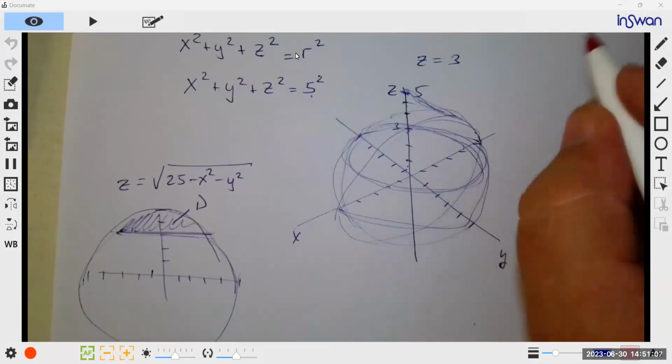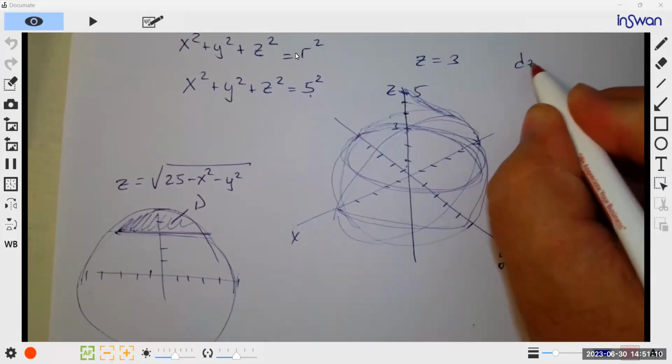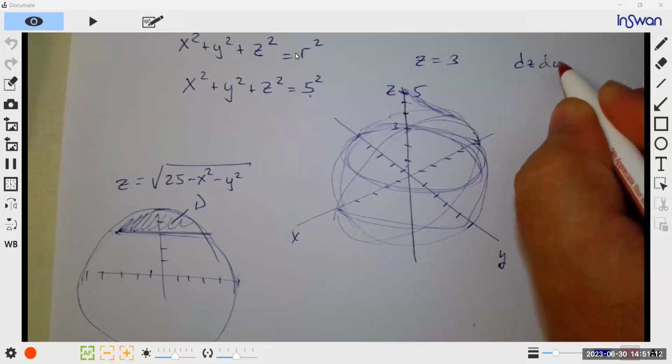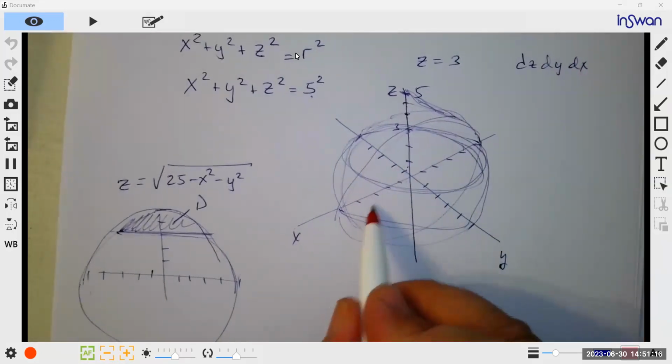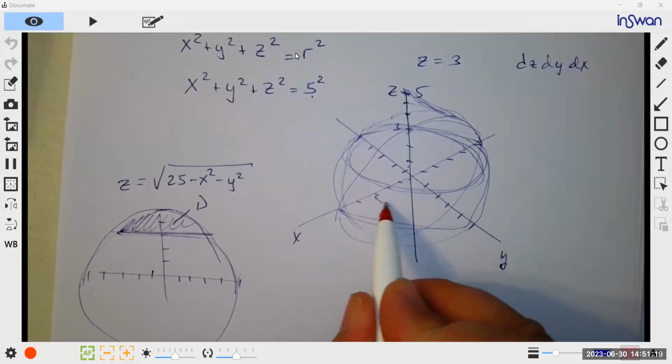So for our bounds of integration, we're going to do dz first, so that means we'll have dy dx afterwards. From here, we could put down our shadow.